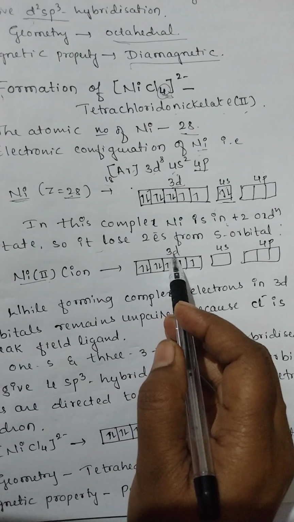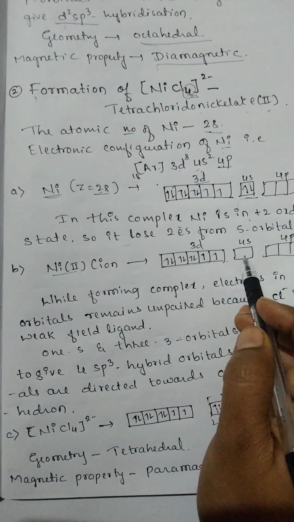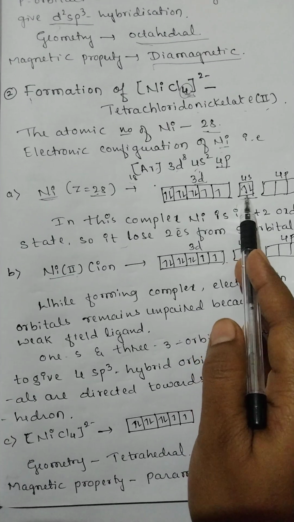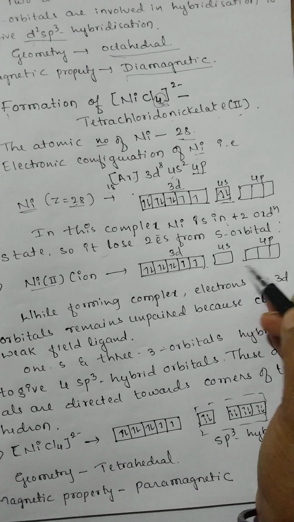The electrons in the 3d orbitals remain the same.